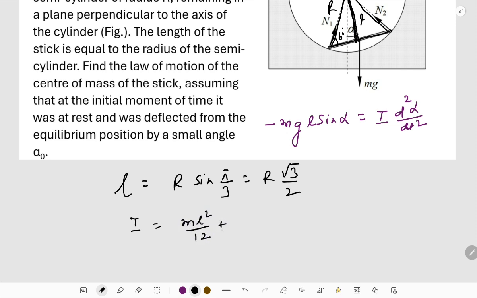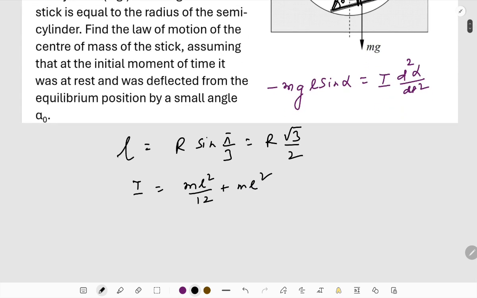If you just put the value of L there, you will get the value of the whole thing, the moment of inertia. I think we have calculated all the necessary things.